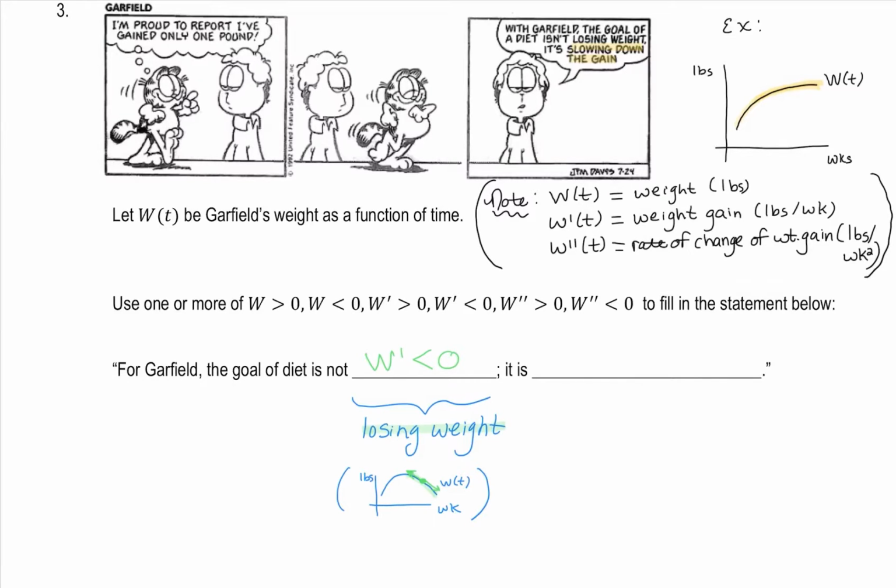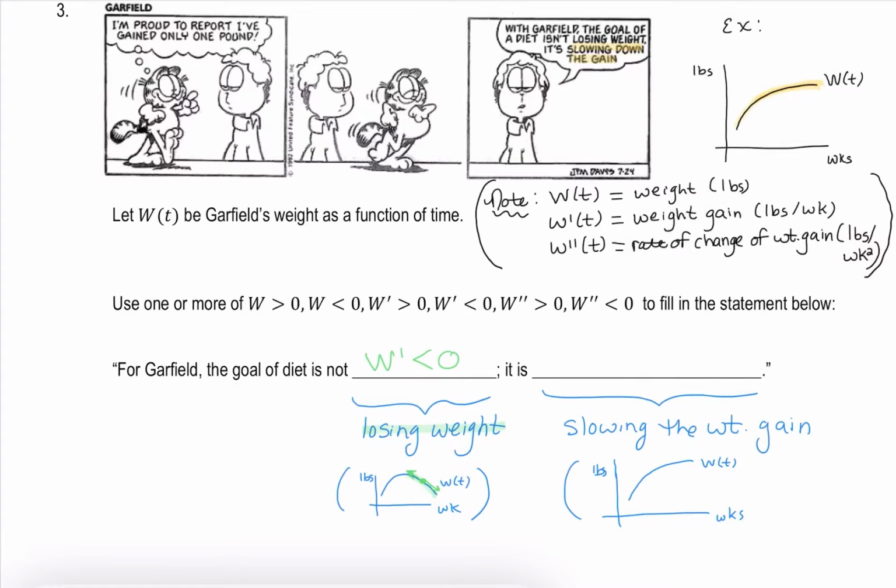So what is his goal? His goal is slowing the weight gain, and that's what I have in that opening graph, pounds against weeks, where we're seeing that he is slowing the gain. Let's think about what happens to your tangent lines as weight gain slows.